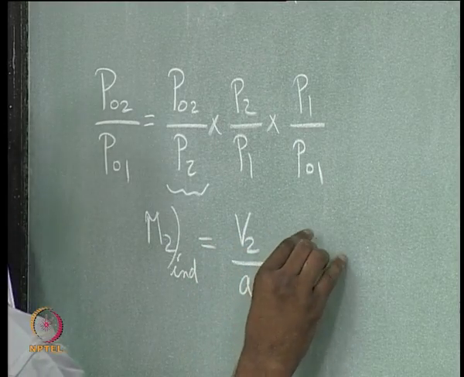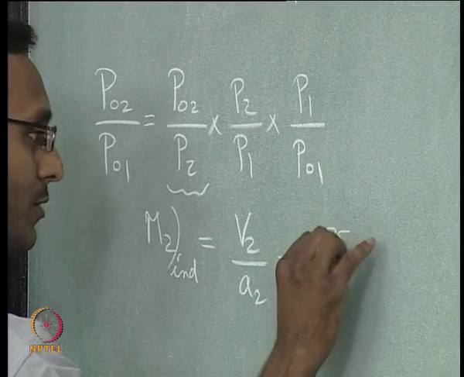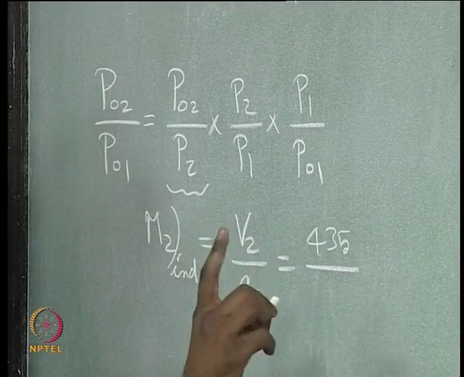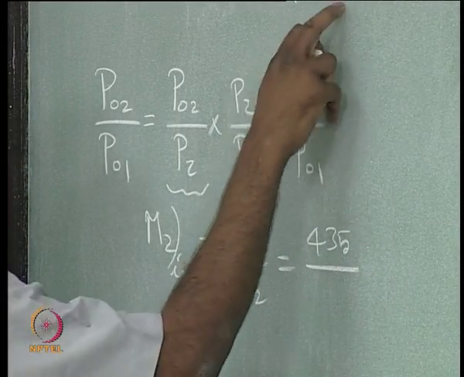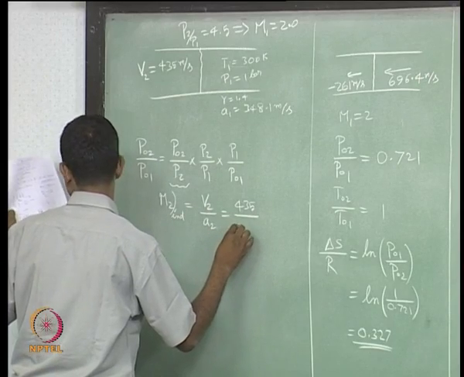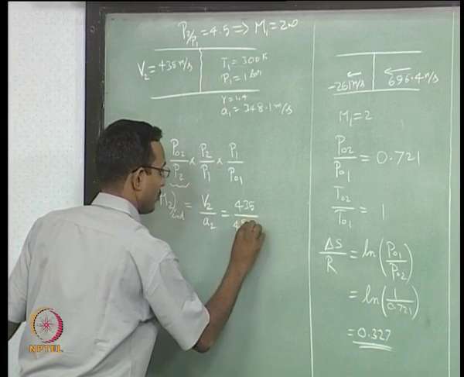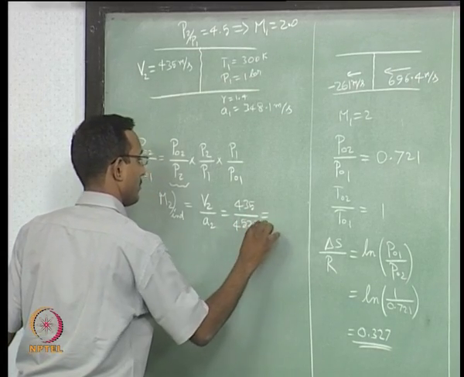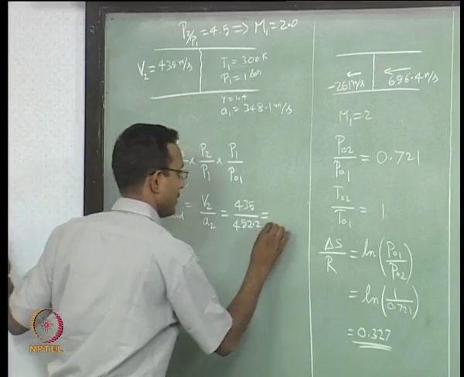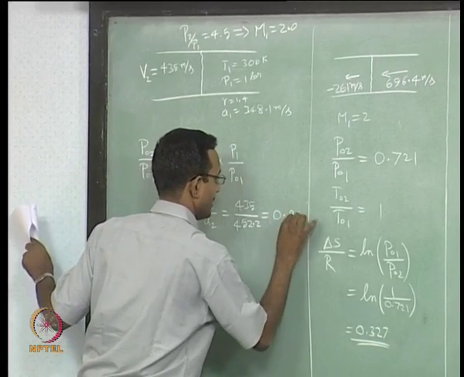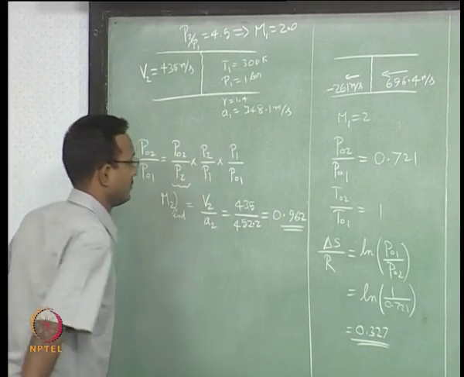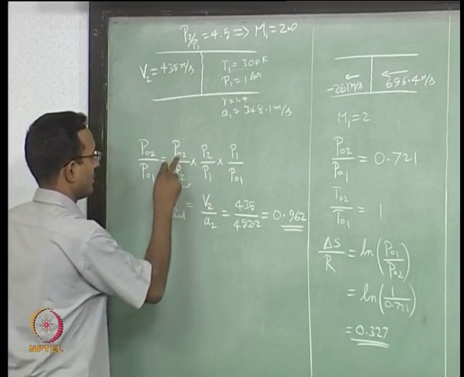We know that V2 was 435, and A2 we also calculated based on T2 by T1 and 348.1. A2 happens to be 452.2 and M2 happens to be 0.962. That is the number I am having for calculating this.